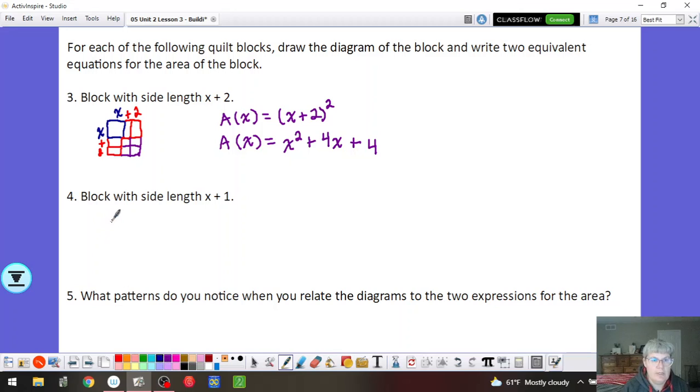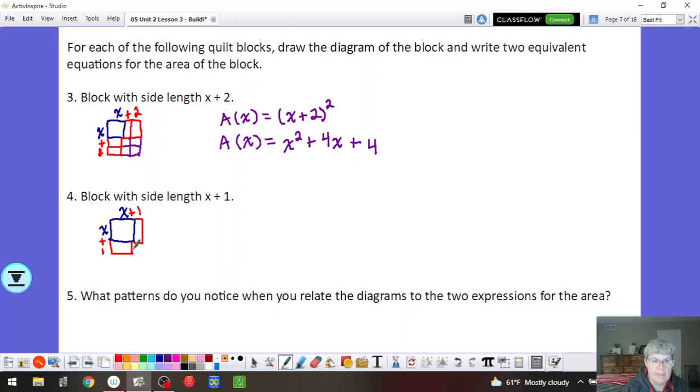If we take a look at a block with side length x plus 1, so we start with our basic square x by x, and then we add an inch to our dimension, but we need to complete our square. What I see right now is not a square.